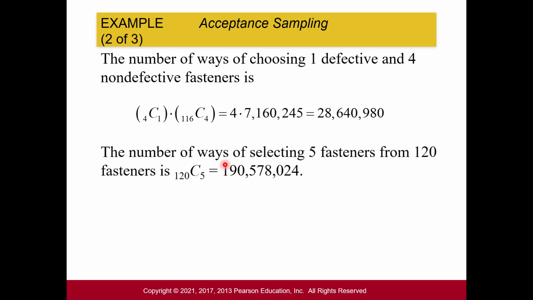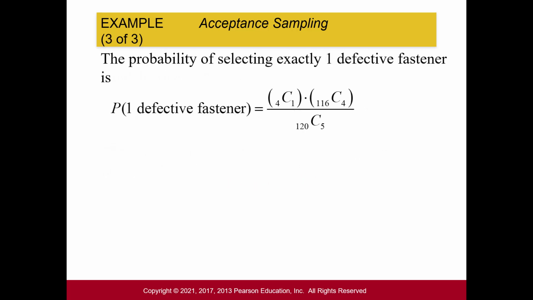The number of ways of selecting 5 fasteners from the 120 is 120 choose 5, and so the ways of selecting these 5 is 190,578,024. So we have to put these two together.